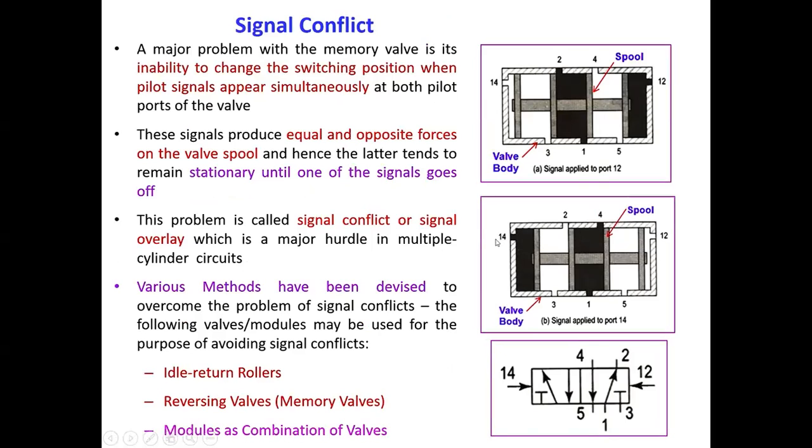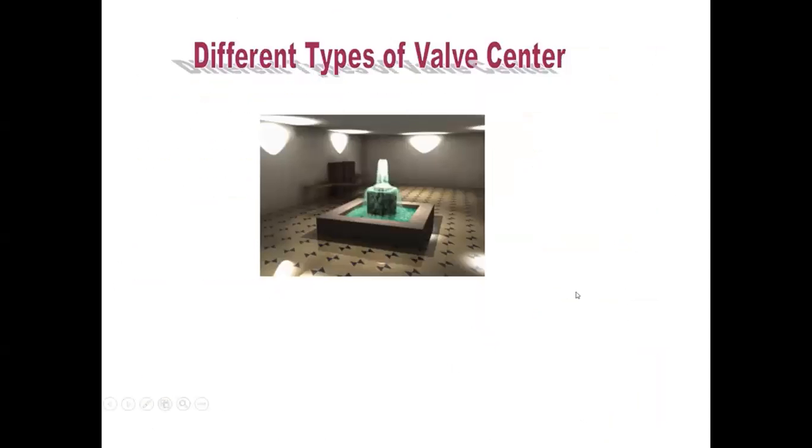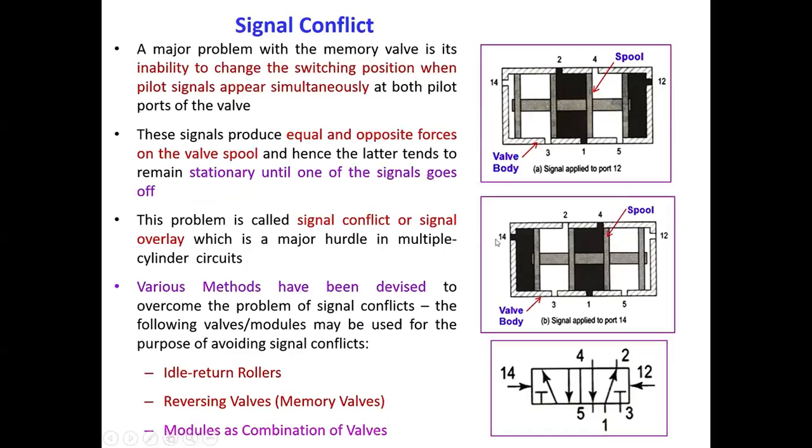Signal conflict. A major problem with the memory valve is its inability to change the switching position when a pilot signal appears simultaneously at both pilot ports of the valve. This produces equal and opposite forces on the valve spool, and hence the latter tends to remain stationary until one of the signals goes off.